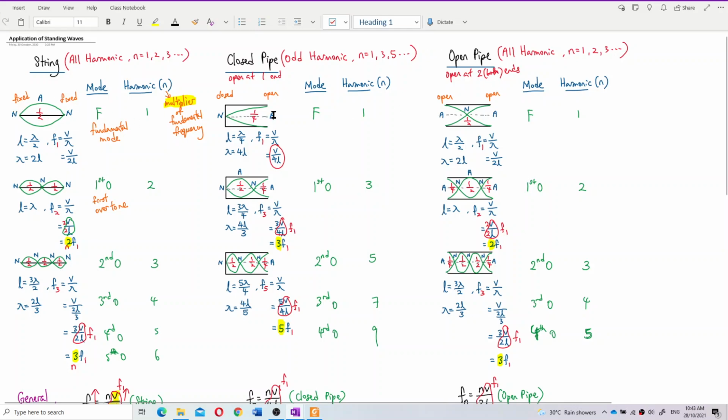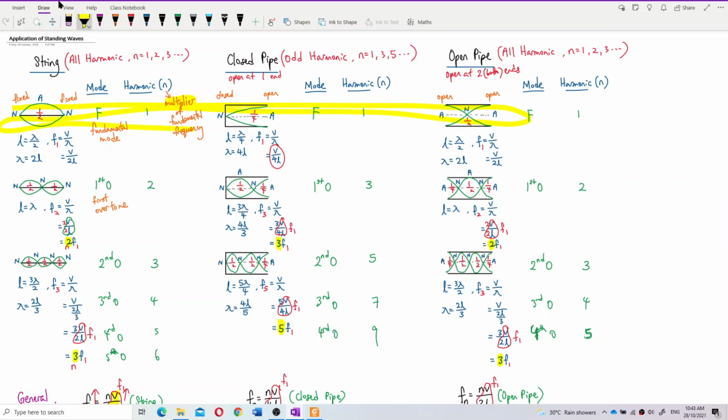You just have to remember the shape of the first mode. Then it will help you. The first mode will help you to draw the second and third mode, the first overtone and second overtone. The first mode is the most priority.